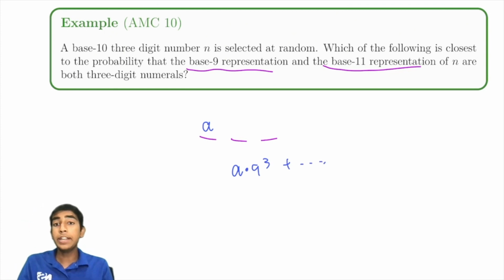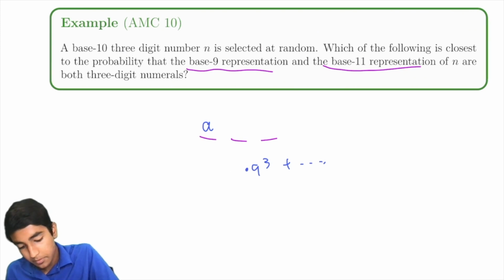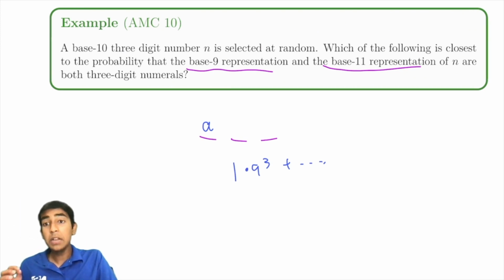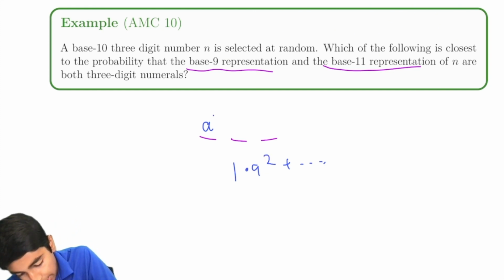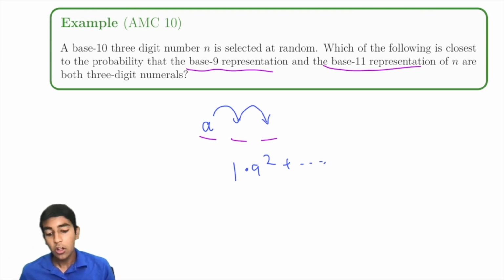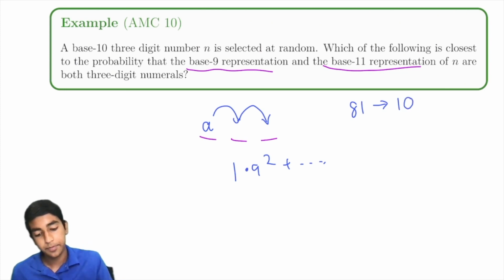So it can't have 3 digits unless this a is at least 1. And so the minimum possible value, such that it's a 3-digit number, should be 9 squared, because we go 2 back to get to the units place. So 1 times 9 squared, the minimum possible value, such that this becomes a 3-digit number, is 81. And 81 in base 9 is 100.